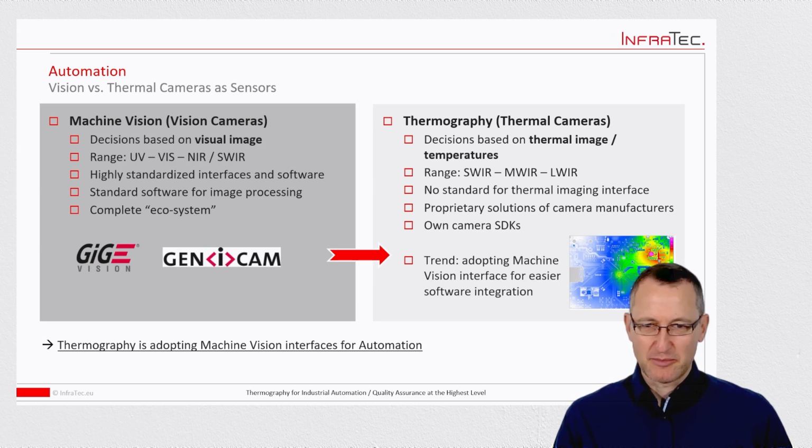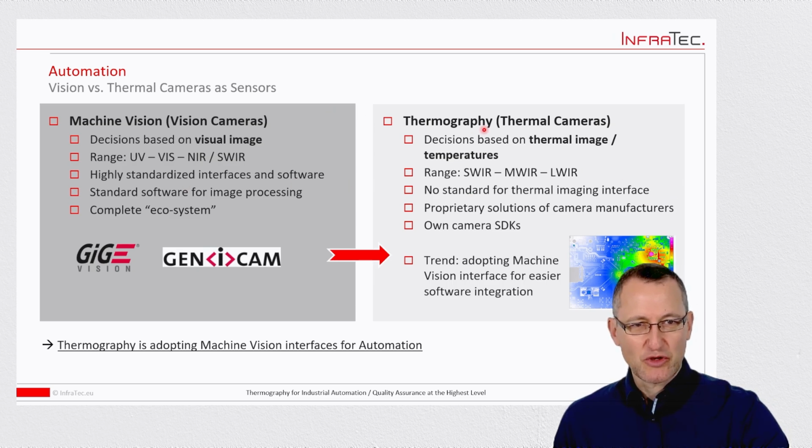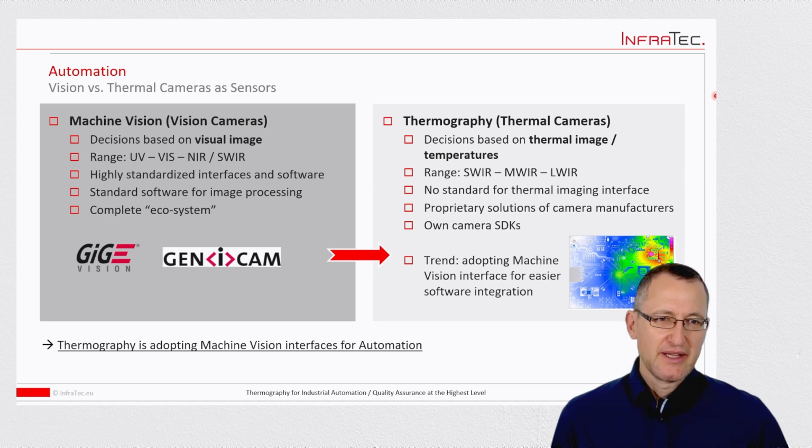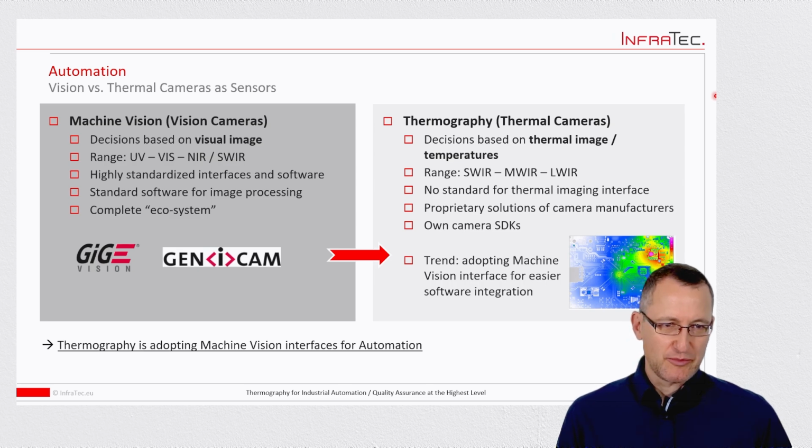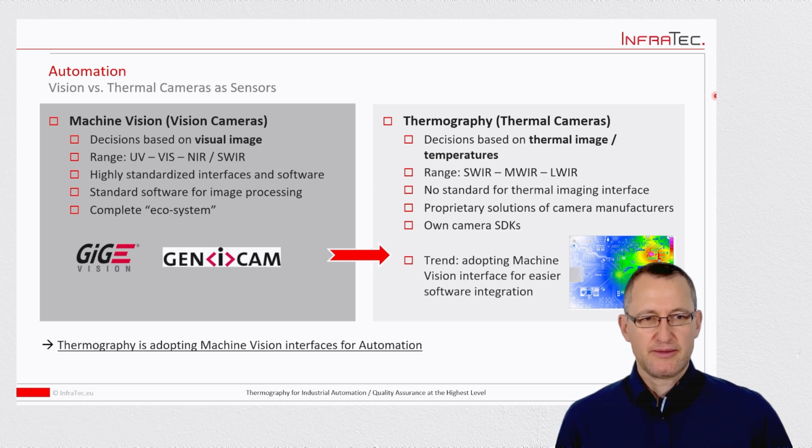I will explain later a bit more about GigE Vision and GenICam, but that's the main driver to create that ecosystem. On the other side, on the right side, we have thermography, the thermal cameras, where the decisions and the results are based on thermal images and temperatures. The range is the thermal infrared, from shortwave up to long-wave infrared.